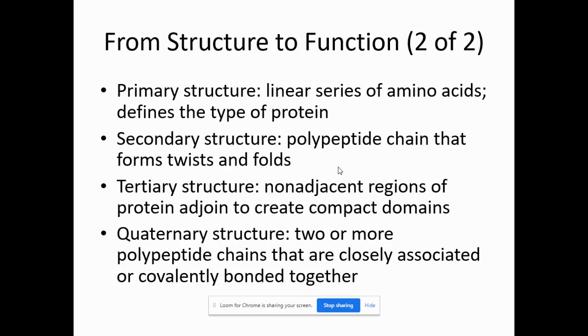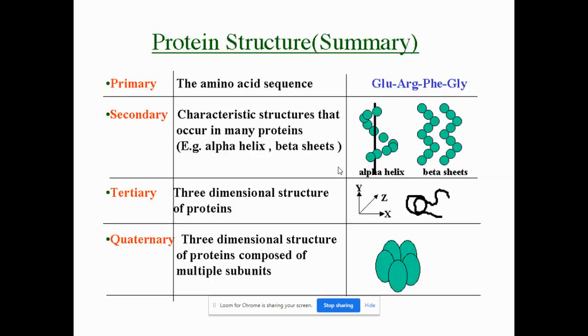The big takeaway is to know that there are different levels of structure. Primary is the basic level of structure, and quaternary is the highest level of structure in proteins. So there you go, kind of illustrated for you.